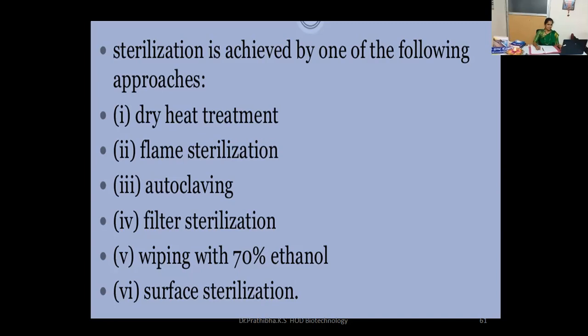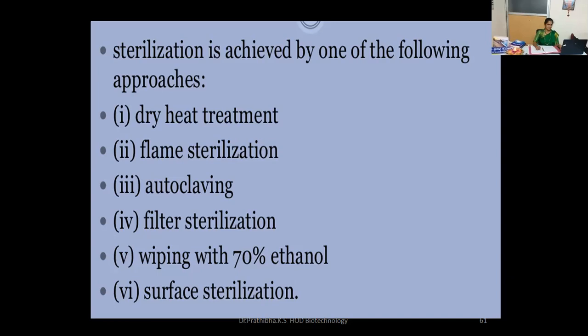Among these, calcium or sodium hypochlorite and mercuric chloride are the most commonly used with satisfactory results. I'll just repeat the list: calcium hypochlorite, sodium hypochlorite, mercuric chloride, silver nitrate, bromine water, and some of the antibiotics.